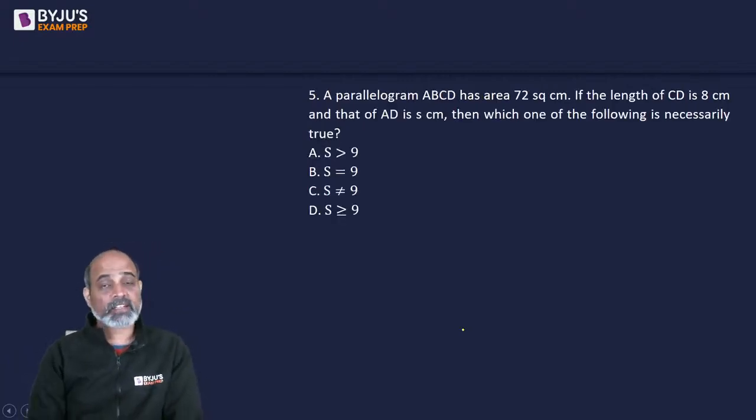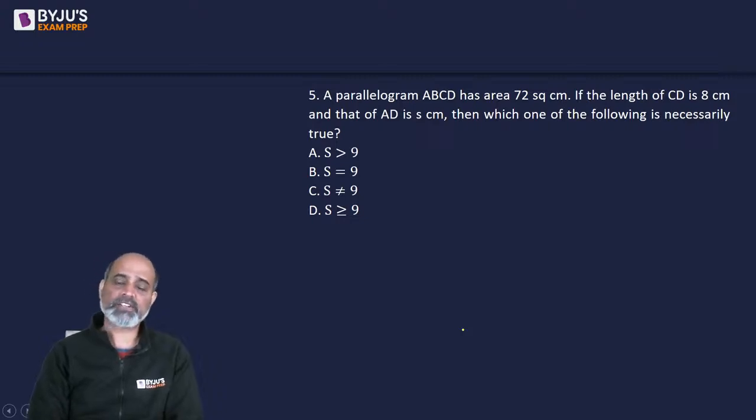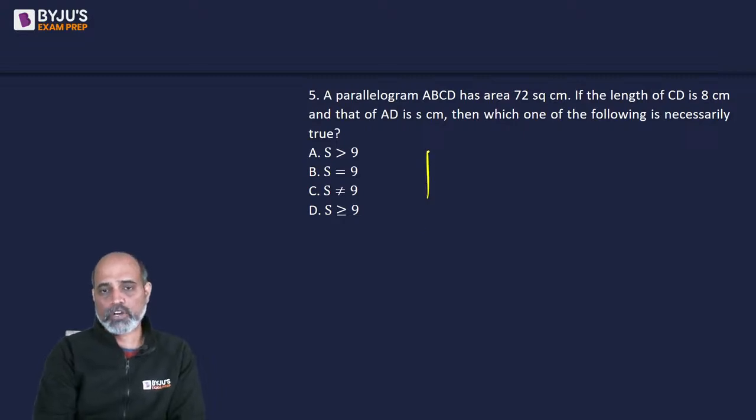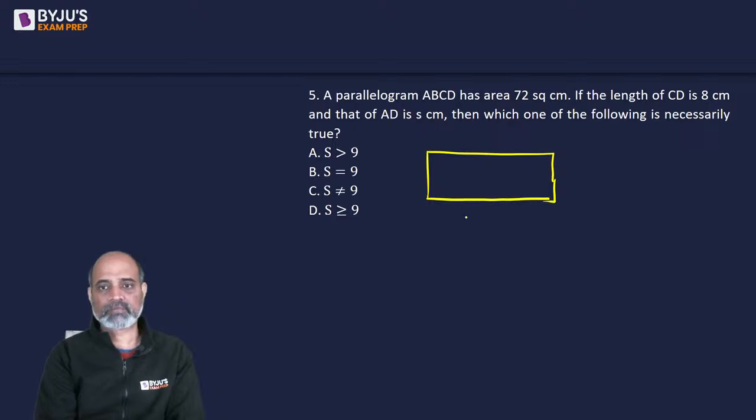Okay, the next one. A parallelogram ABCD has area 72 square centimeter. If the length of CD is 8 and that of AD is S centimeter, then which of the following is necessarily true? Since we are talking about a parallelogram, I will start with a rectangle. The area is given as 72 square centimeter.